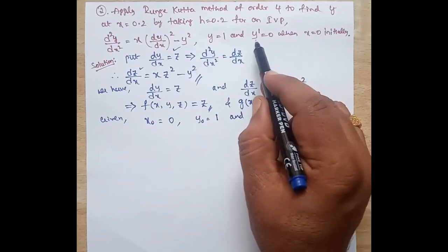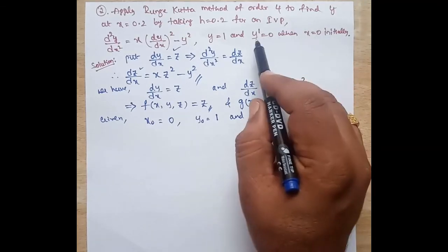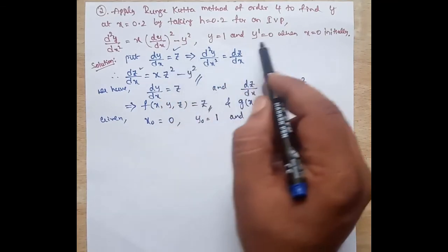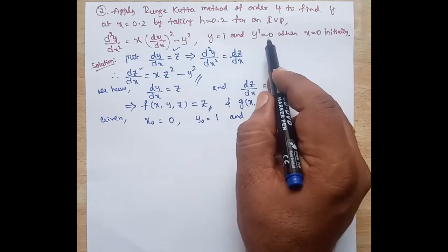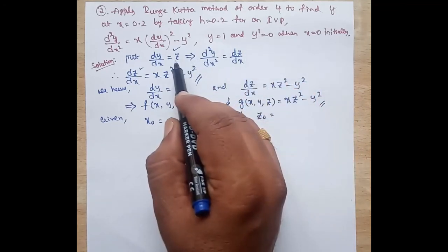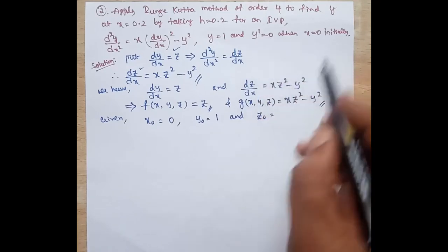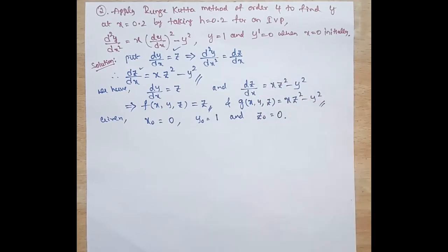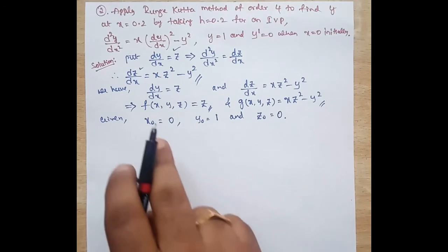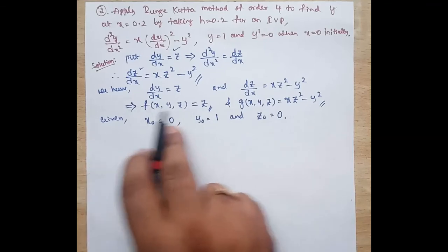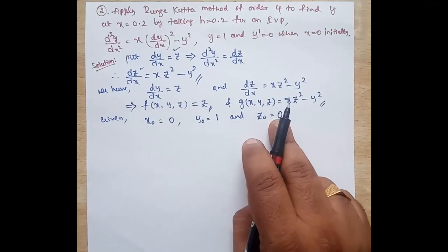They gave y dash is equal to 0 initially, but we know that y dash is z. So whatever value of y dash they have given represents the value of z. That means initially the value of z is 0, so z naught is 0. So x value, y value, and y dash, which is nothing but z, are the initial conditions for the problem.